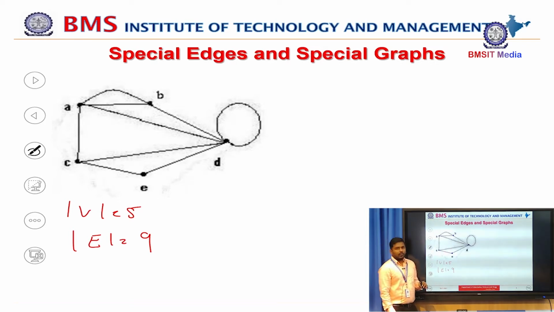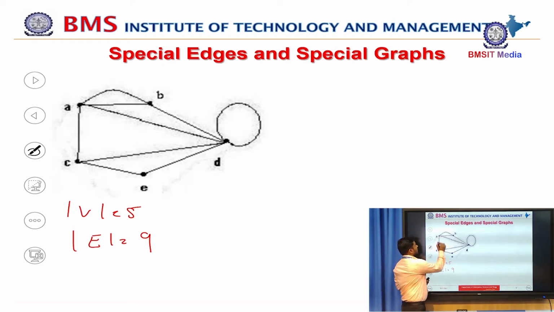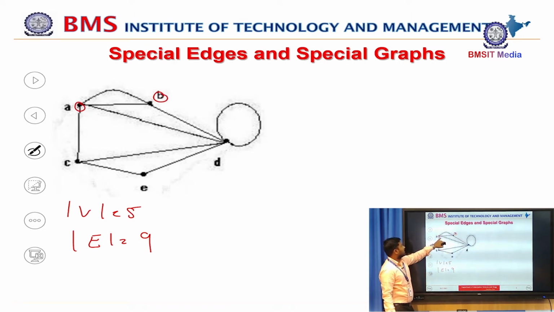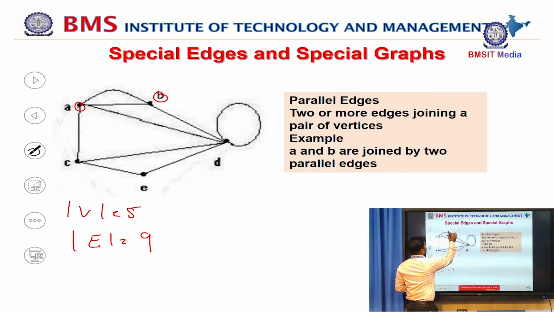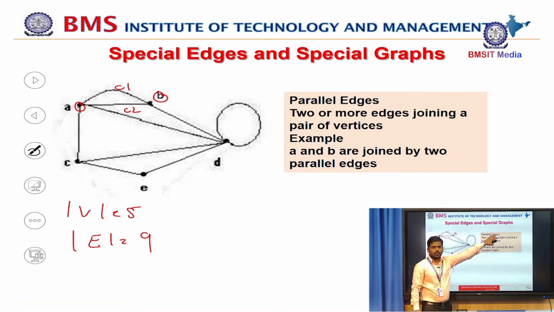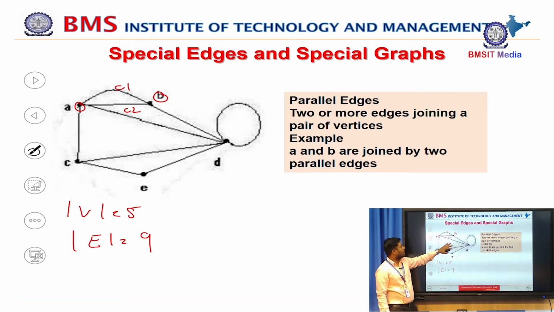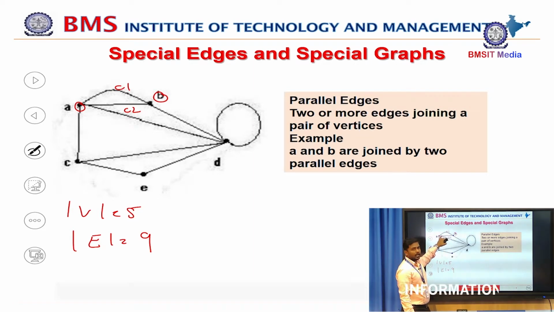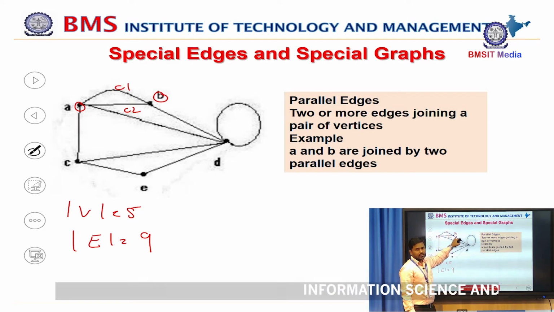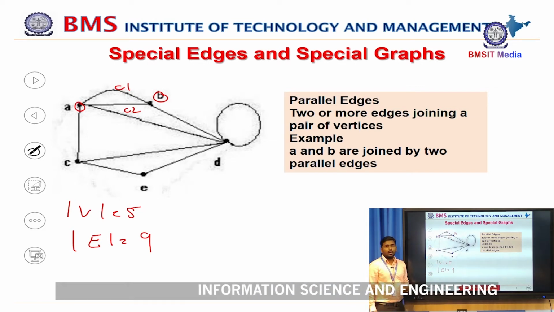I am going to discuss some special edges in this graph. You have seen that an edge connects a pair of vertices. Here we have a vertex A and a vertex B, and there are two edges connecting the vertex pair A and B. These edges E1 and E2 we call parallel edges, because if there is more than one edge connecting a pair of vertices A and B, they are called parallel edges.